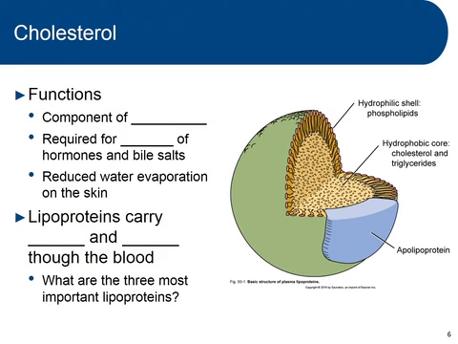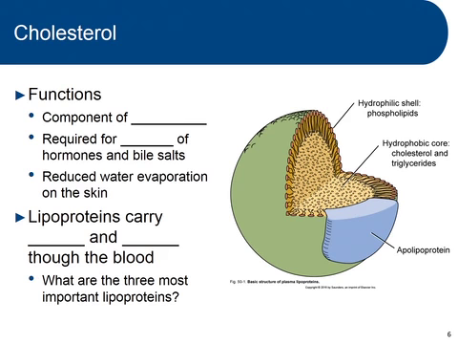Another type of lipid that's important are triglycerides, and they are made from fatty acids and glycerol, and they provide energy storage, and in times of need of energy, that energy can be released from those fatty acids.